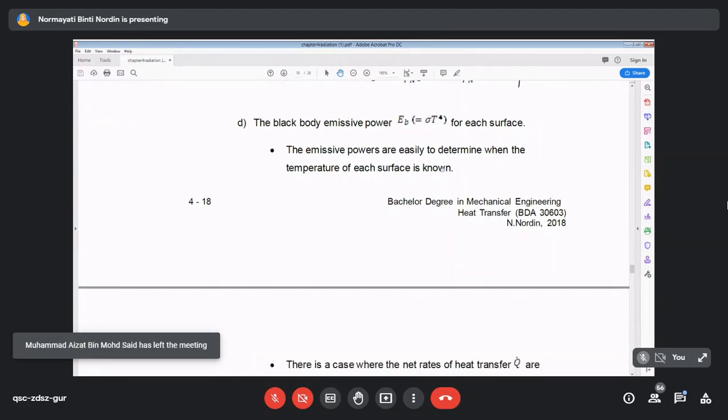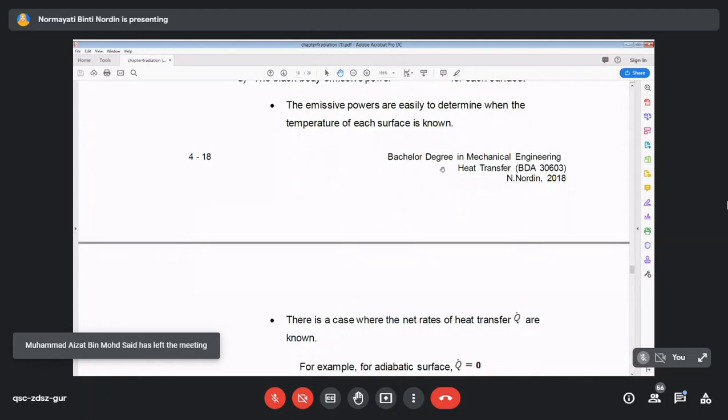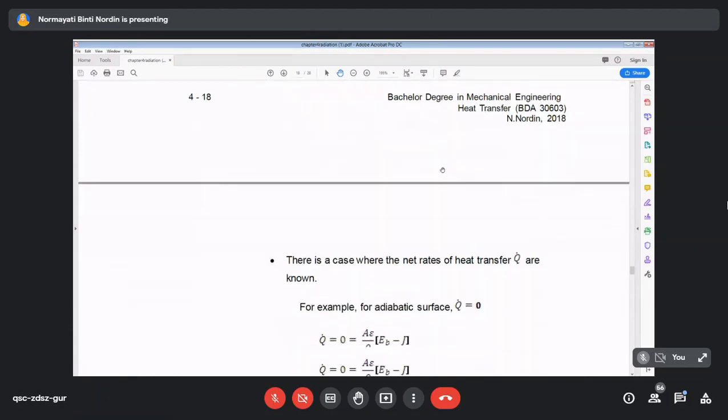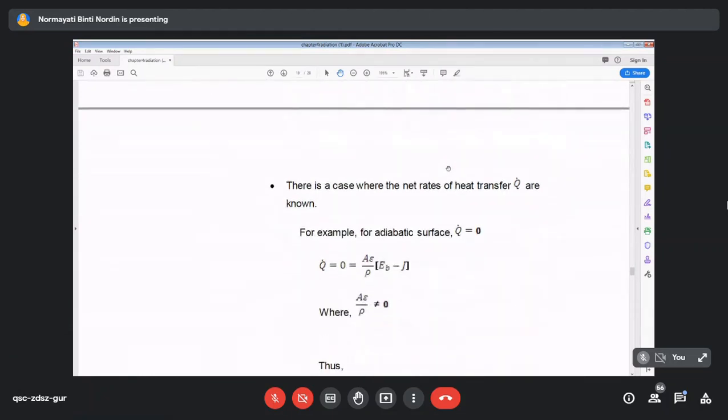Itu kalau suhunya diberi, surface temperature tu diberi. Ada juga case yang mana permukaan real material yang kita consider itu ianya adalah adiabatic surface. So meaning that in this case, for adiabatic case, the net rate of heat transfer is equal to 0. There is no heat transfer occurs for adiabatic surfaces.